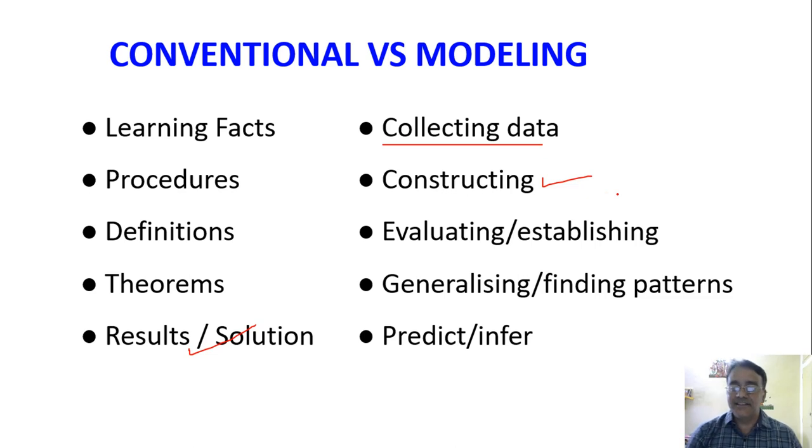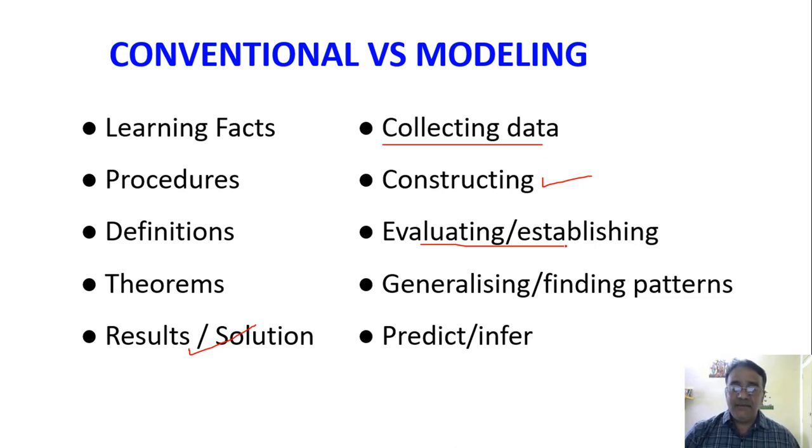When we are working on a digital platform, children construct their own mathematical knowledge, their own definitions, their own understanding. Once they have constructed it, they evaluate it and establish it with an observation or data.